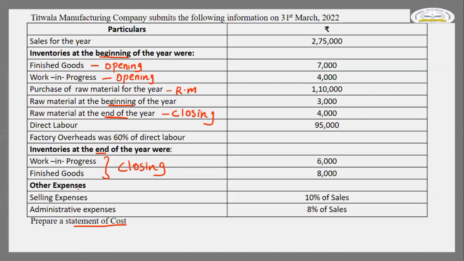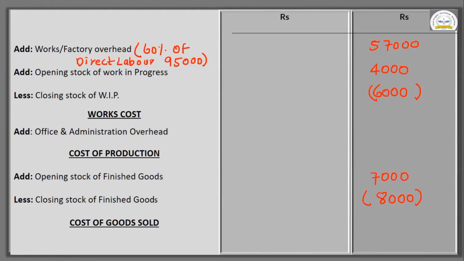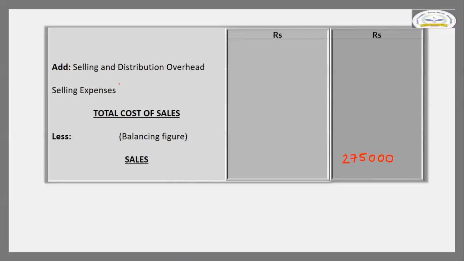Then the last part is other expenses. Other expenses are also given in the question. Selling expenses is given 10% of sales. Selling expenses is 10% of sales, and sales amount is 2,75,000. So 10% is 27,500.